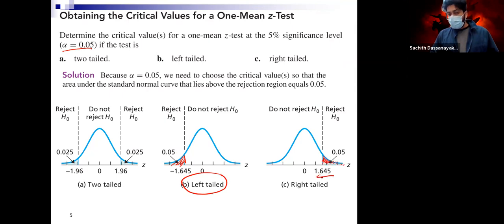This value is the z-score value based on alpha 0.05. Once you check the standard normal table, you will see that this is the z-score value based on probability 0.05. Since the standard normal distribution is symmetric, only their sign changes.